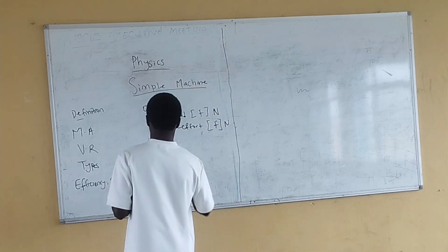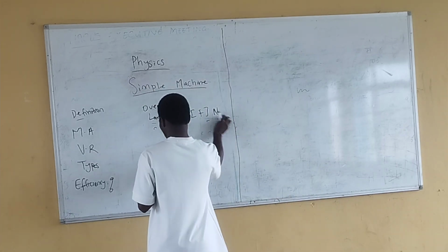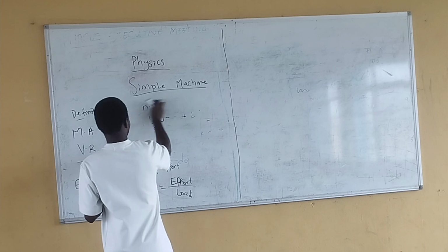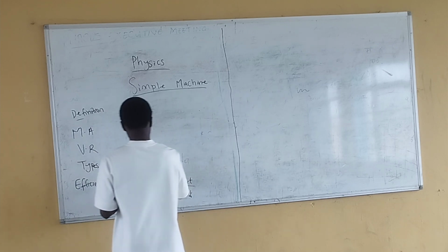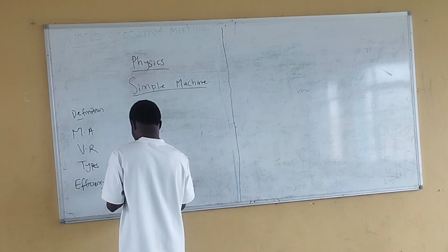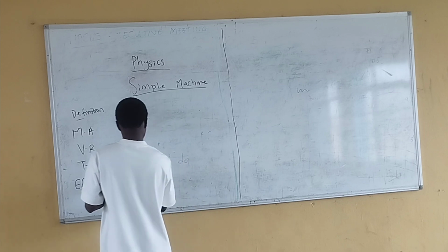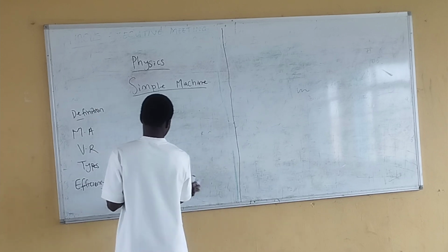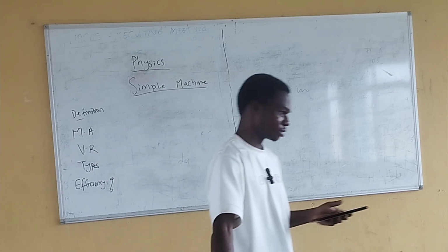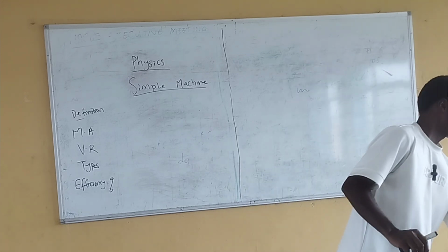If the mechanical advantage of a machine is equal to 4, what is the ratio of the load to the effort? The question is nice. It's simple.